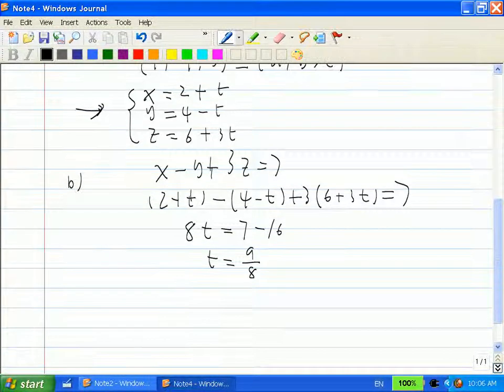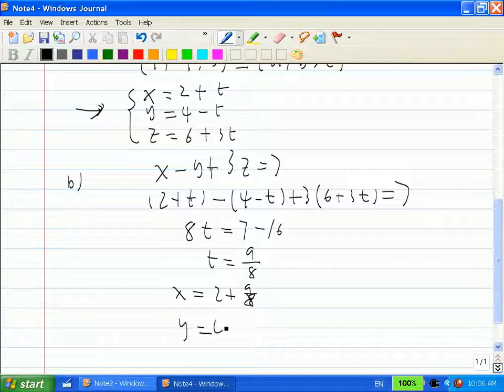Then we put it back into the equation of the line. x equals 2 plus 9 over 8, y equals 4 minus 9 over 8, and z equals 6 plus 3 times 9 over 8.